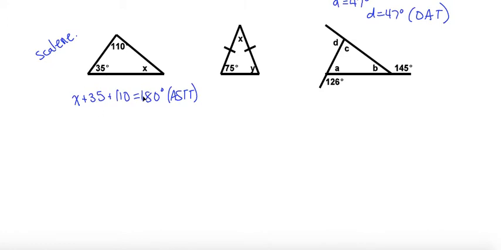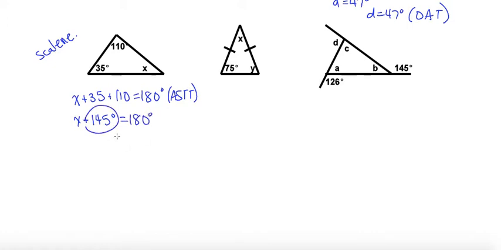And now this becomes an equation that you can solve. So I can simplify my 35 plus 110. So x plus 145 degrees is equal to 180.